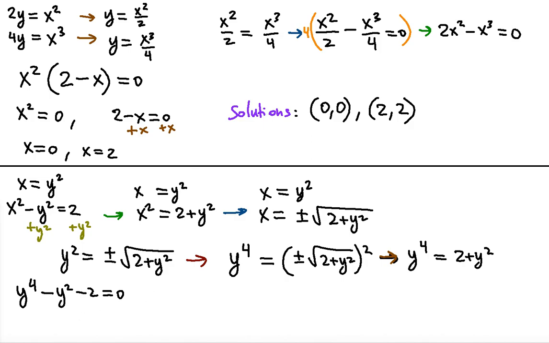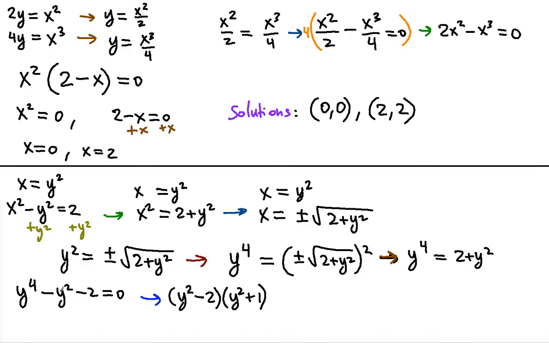You can factor it as y squared minus 2 times y squared plus 1, right? Because you need factors of -2, which are -2 and 1, that also add up to -1, the coefficient of the y squared. And in fact, they do. -2 plus 1 is -1, the coefficient of the y squared, right?